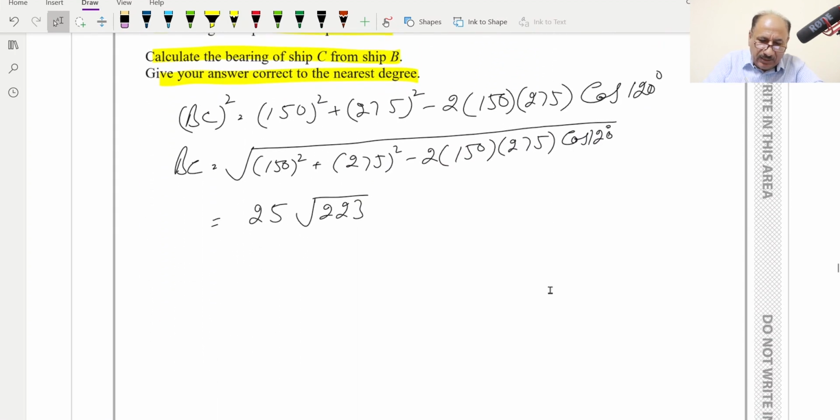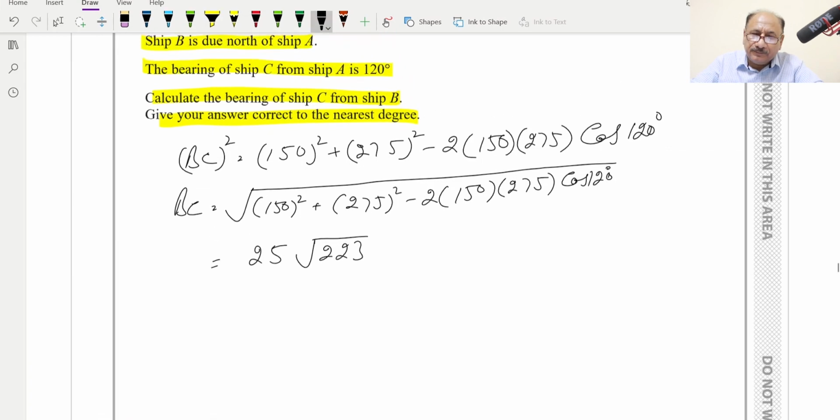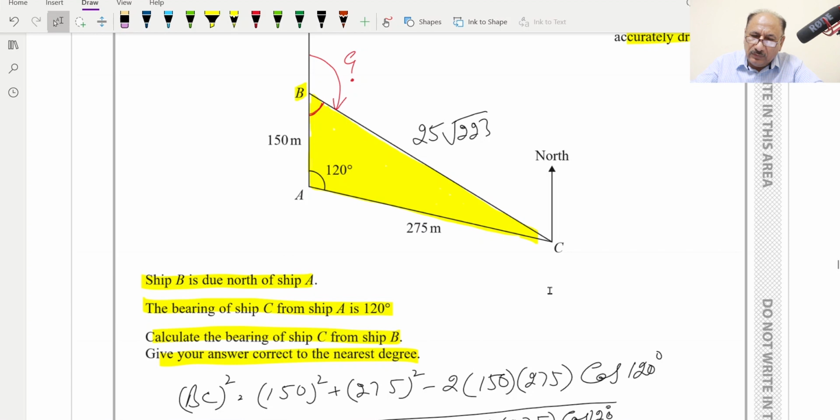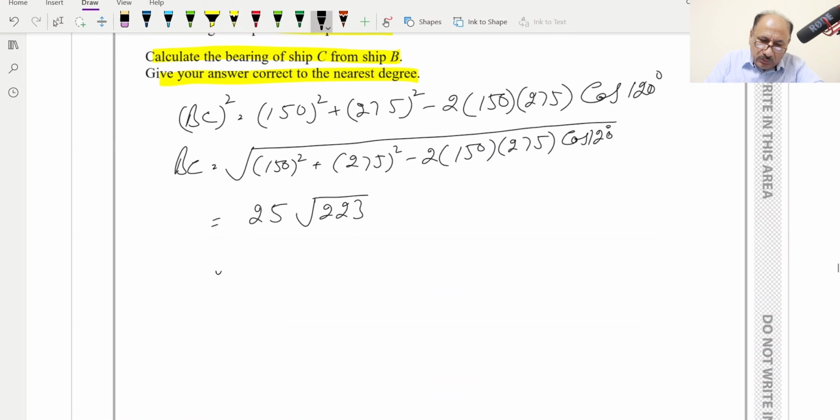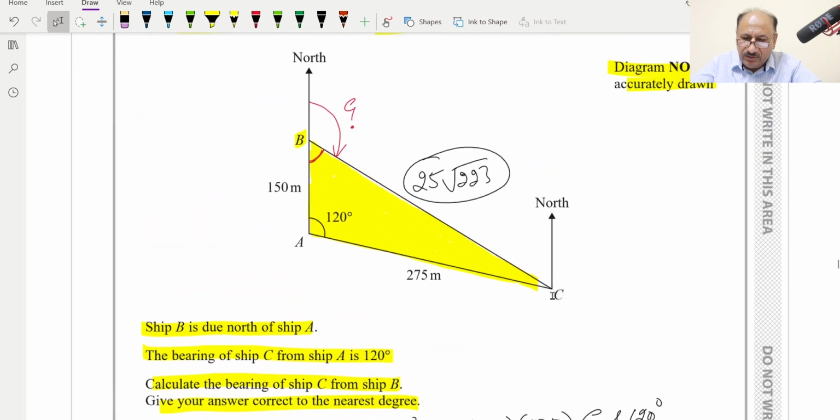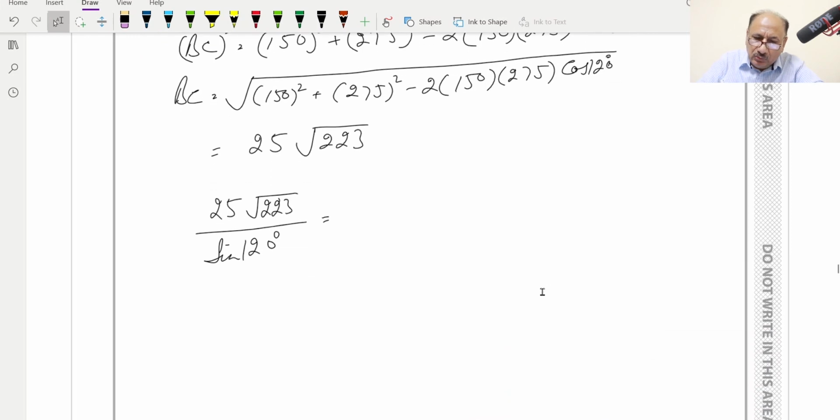So we will write the sine rule like this: 25 under root 223 over sine of 120 degrees is equal to 275, this side, over sine of angle ABC.